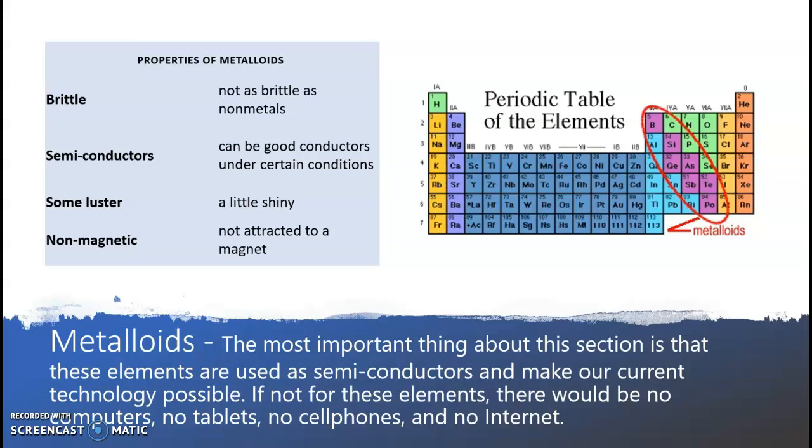Semiconductors are probably something you've heard of before because they form the basis for the technology field. We would not have cell phones, computers, internet, anything like that without semiconductors. And so that's a very unique thing about the metalloids.